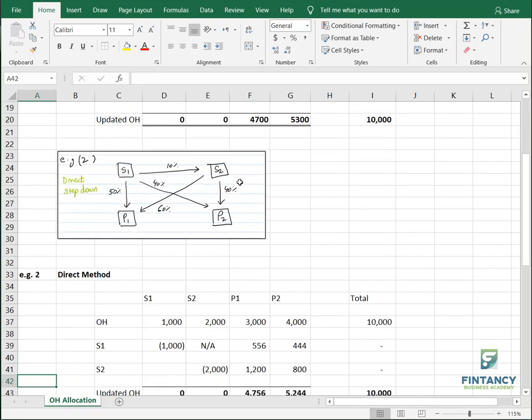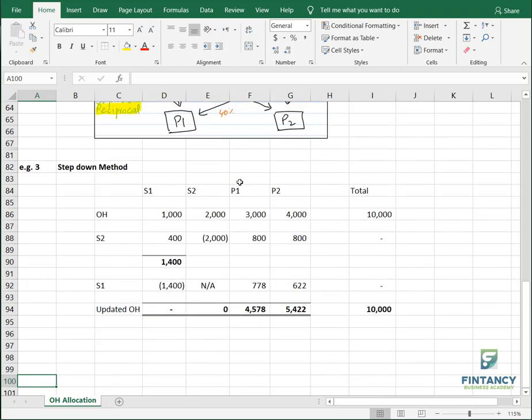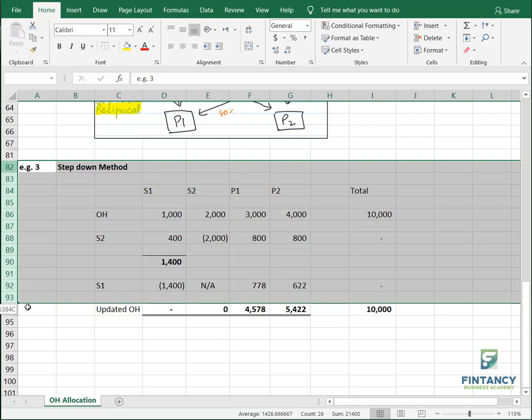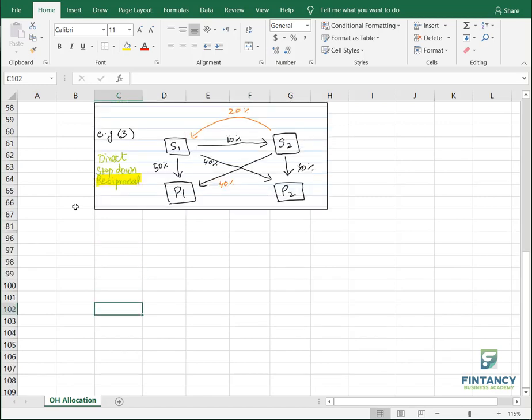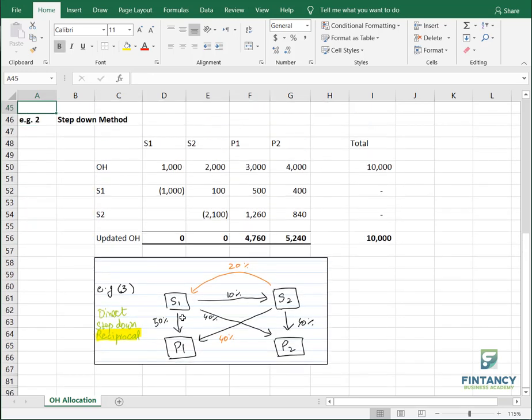Now we go to reciprocal method, which is basically applicable for this type of scenario. Let me hide this one again. Okay, so you can unhide later on also. Okay, so this is the scenario example number 3 we are doing, and we are doing through reciprocal method.